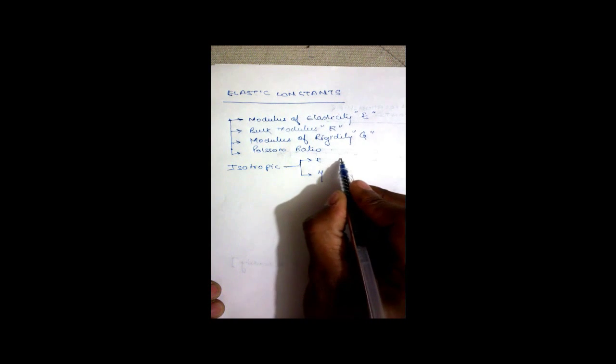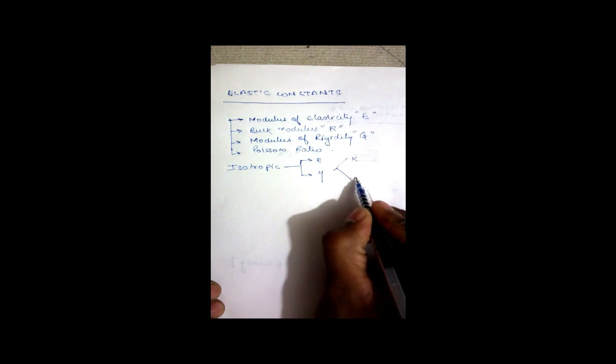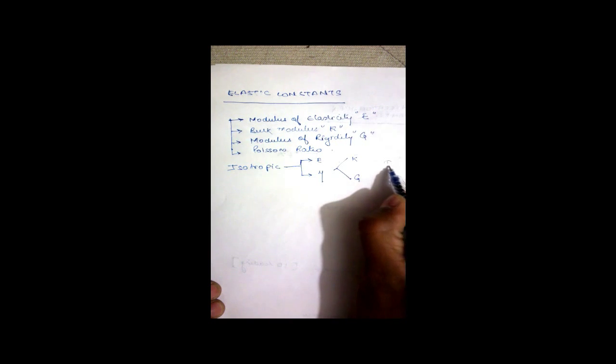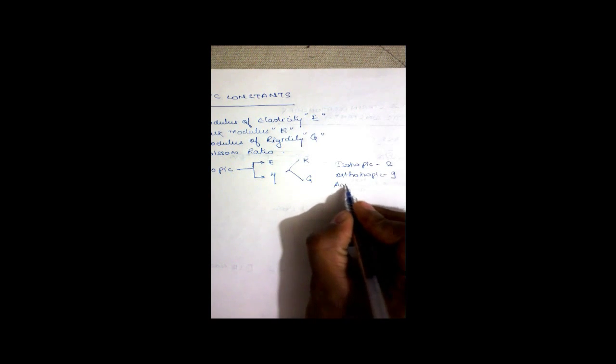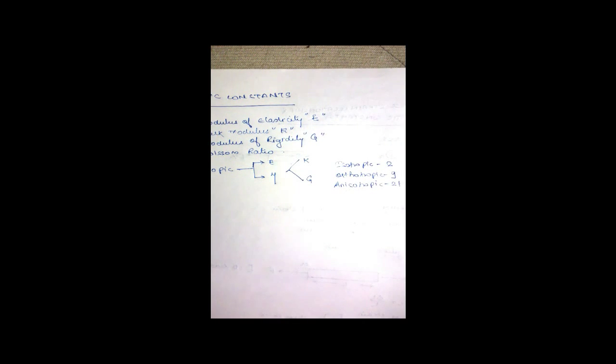Using these E and mu, we can find out K and G. So for isotropic material, there are two constants. For orthotropic material, there are 9 independent elastic constants, and for anisotropic material, there are 21 independent elastic constants.